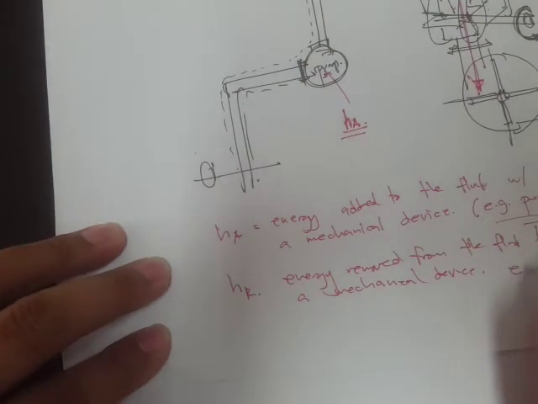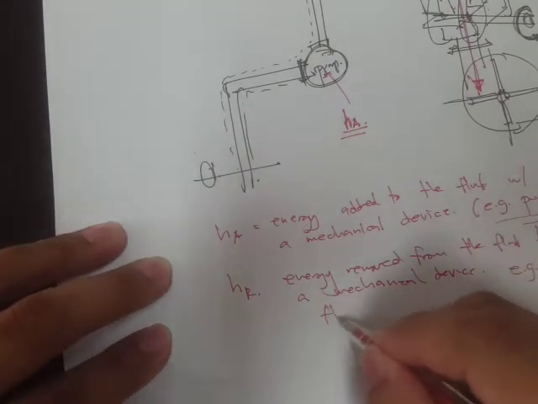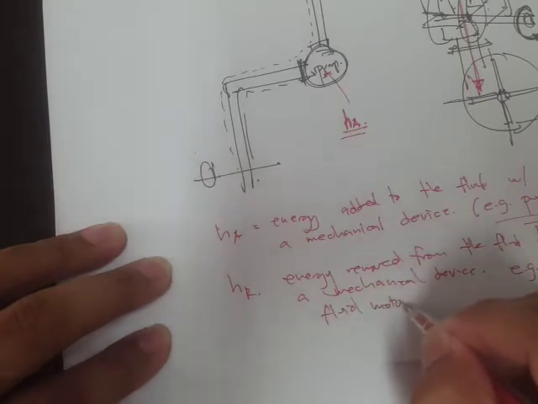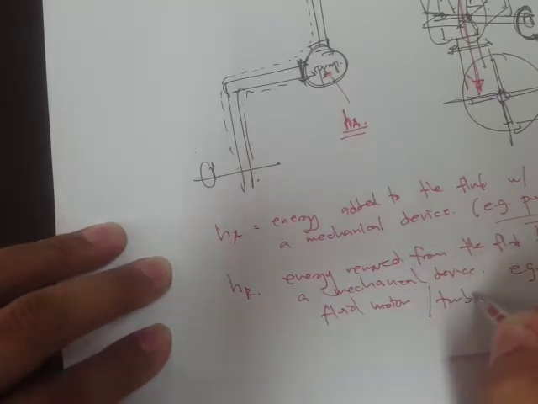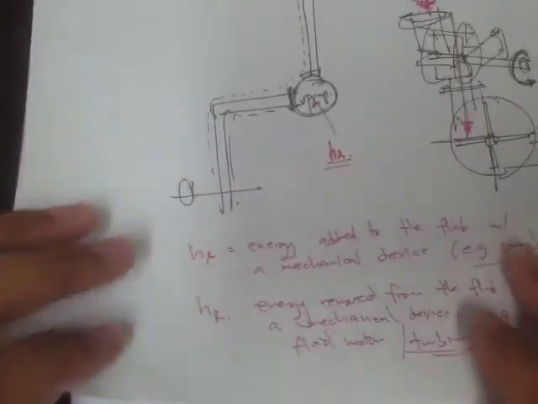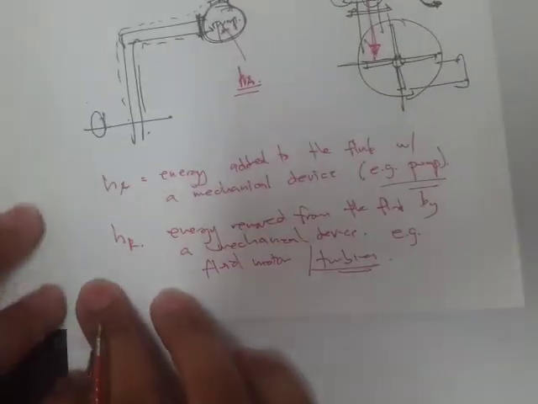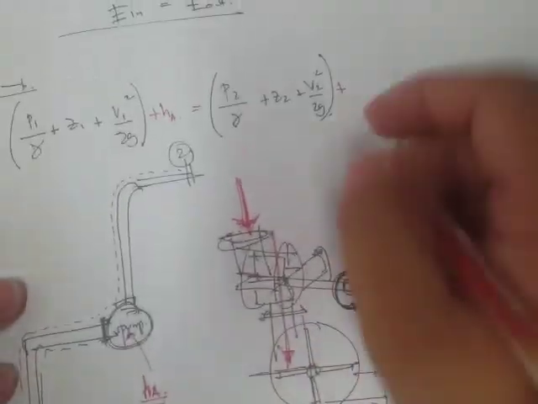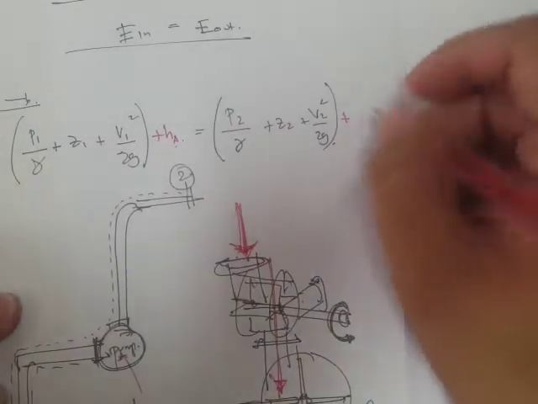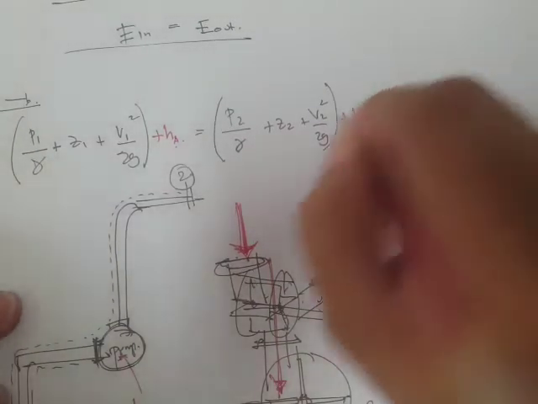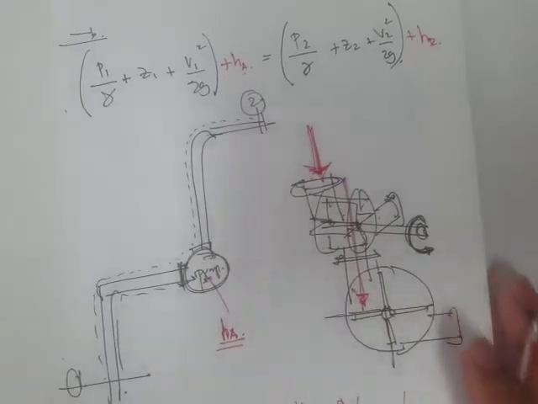For example, a fluid motor or turbines. Okay, so therefore, since this is an energy loss, this will be on the right hand side, so H sub R.